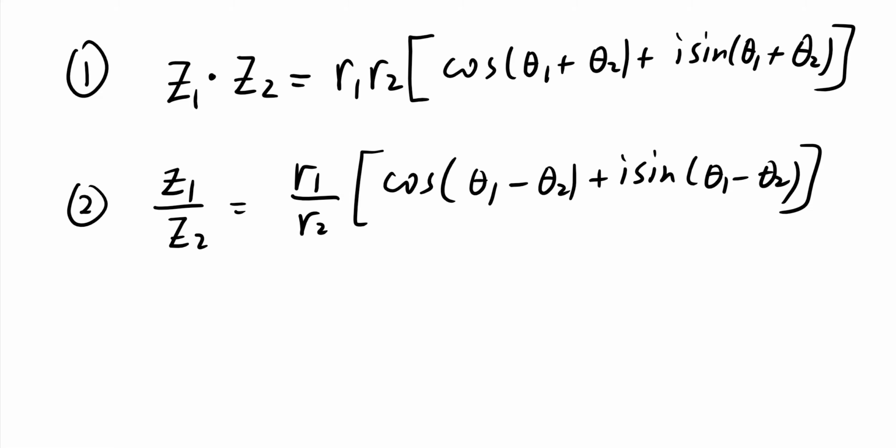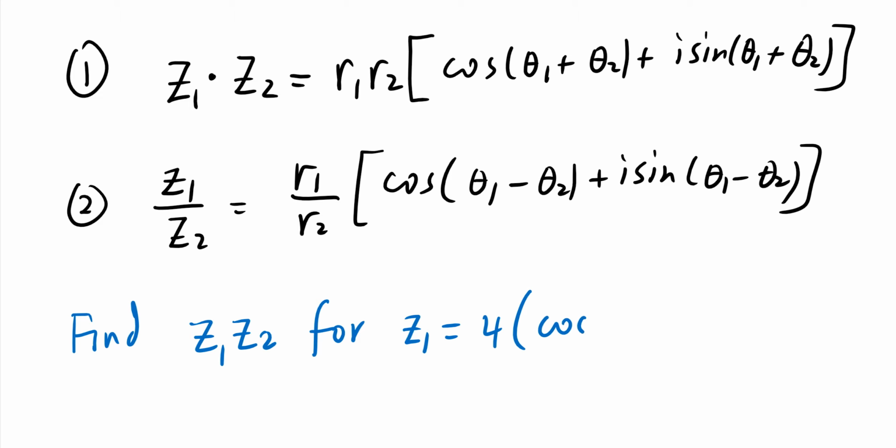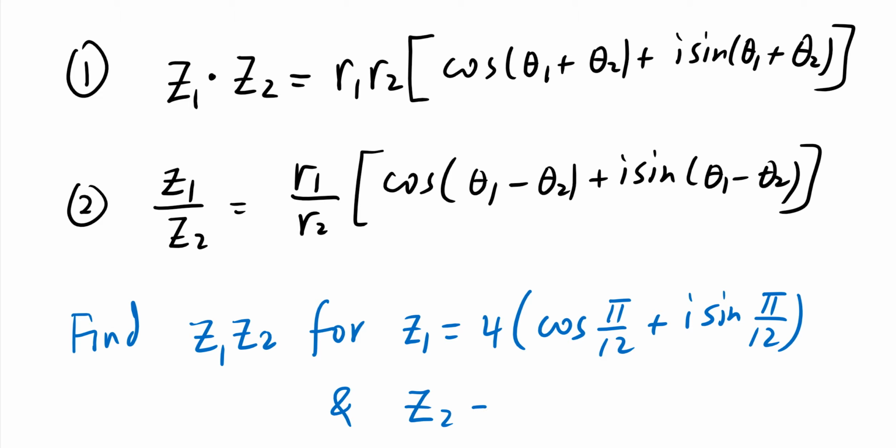To apply it, let's say we're asked to find z1 z2, meaning z1 times z2, for z1 equals 4 cosine pi over 12 plus i sine pi over 12, and z2 equals 8 times cosine pi over 12 plus i sine pi over 12.